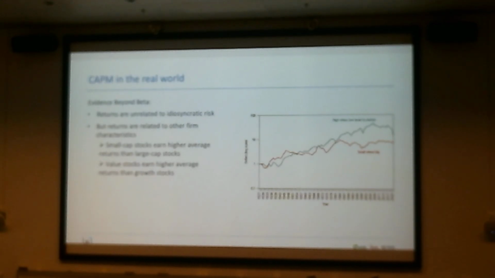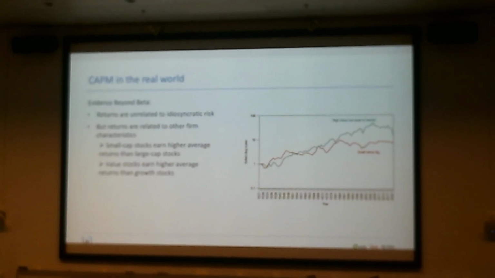But in the data, we see that returns are related to other firm characteristics. So it's not completely irrelevant what the firm is doing or which characteristics the firm has. And two very famous, important factors are these two that are plotted here. So the first is that small cap stocks have earned higher average returns than large cap stocks.